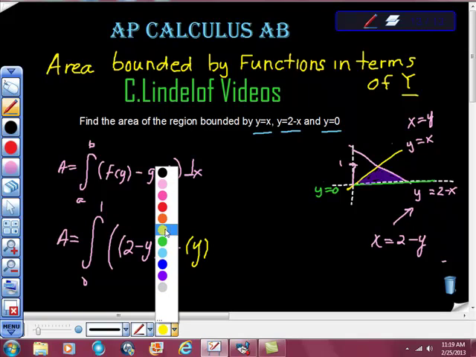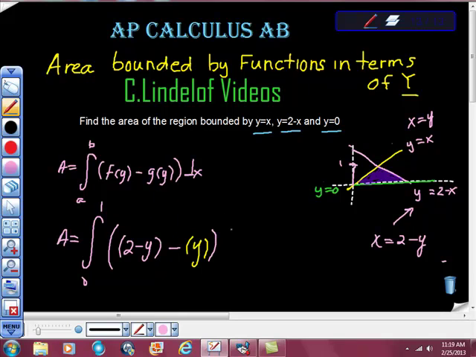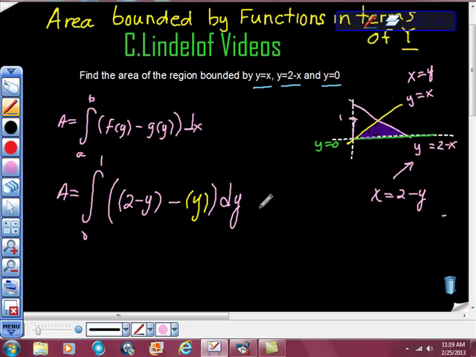And the whole thing, of course, instead of being dx, your reader is going to want to see that I put this in terms of dy. So dy. I'm going to simplify this and say that the area is equal to the definite integral from 0 to 1 of 2 minus 2y dy. I'm just cleaning that up: this turns into negative y, so I have 2 negative y's, so negative 2y.